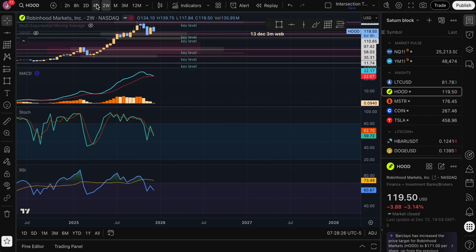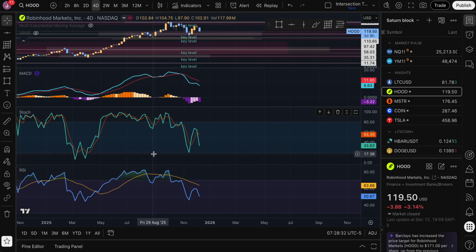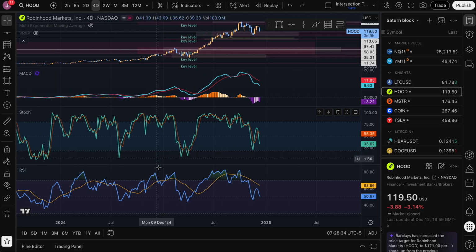And we'll go to the 4 day just to kind of see. Definitely looking kind of weak. However, this has been a support for RSI. This has been doing higher highs. And so is this.